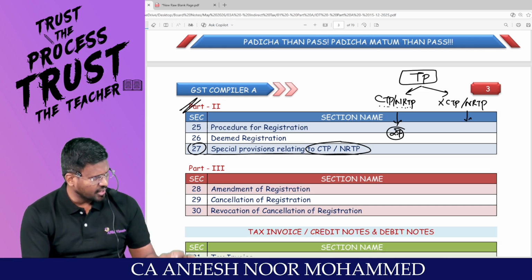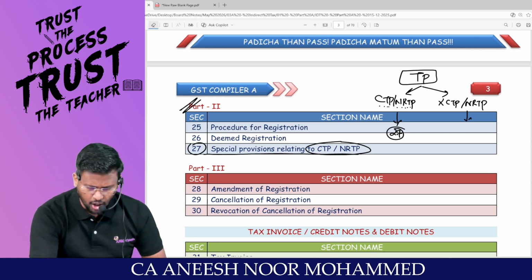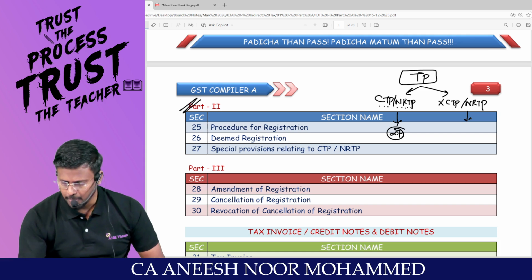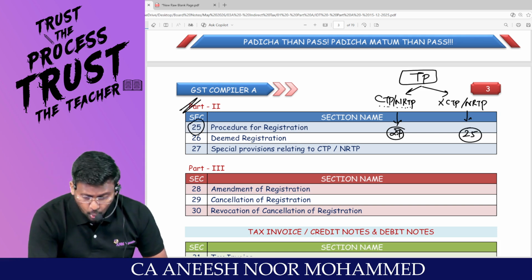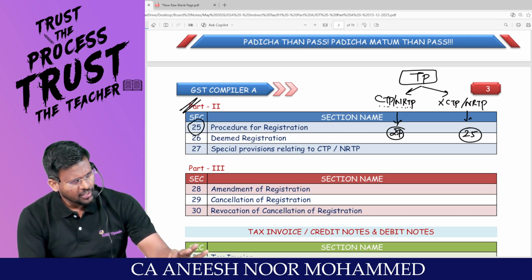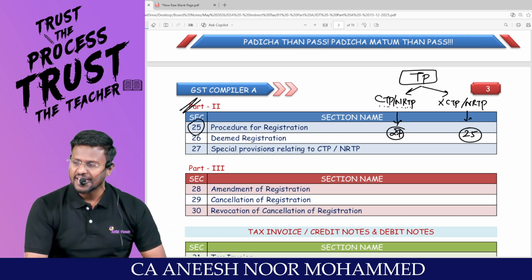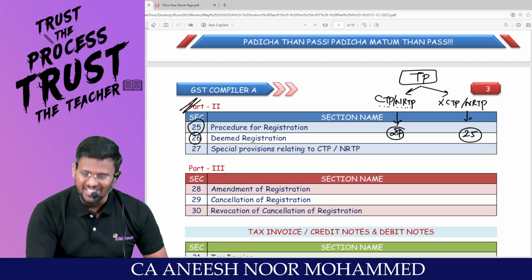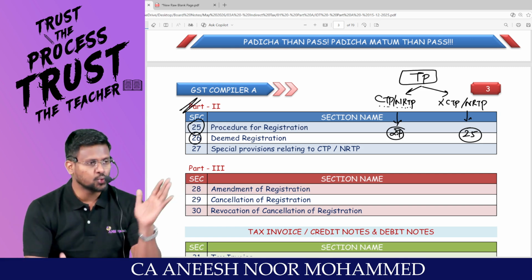Special procedure relating to casual taxable person and non-resident taxable person. Other than casual taxable person and non-resident taxable person, please travel through the section 25 route. For common persons, section 25 will be applicable. For CTP or NRTP, 27 will be applicable. For both, 26 will be applicable. That's why it is in between 25 and 27.